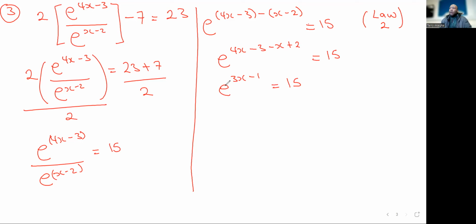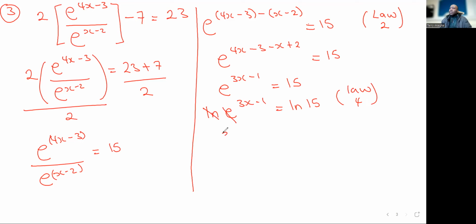To get rid of this exponent, remember I told you to take the ln of both sides. So that is law 4. You take the ln of both sides to get rid of the exponent. For this, you can go back and have a look at law 4 of exponential. Then this is going to cancel this out.